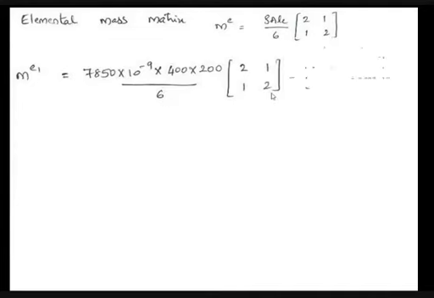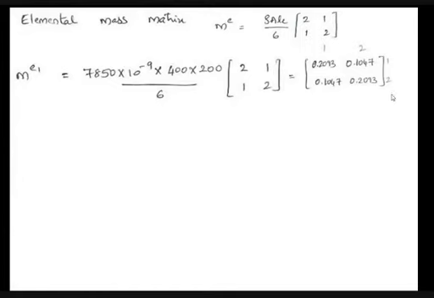If I simplify this, I'll be getting 0.2093, 0.1047, 0.1047, 0.2093. So this is for element 1, with nodes 1, 2, 1, 2.